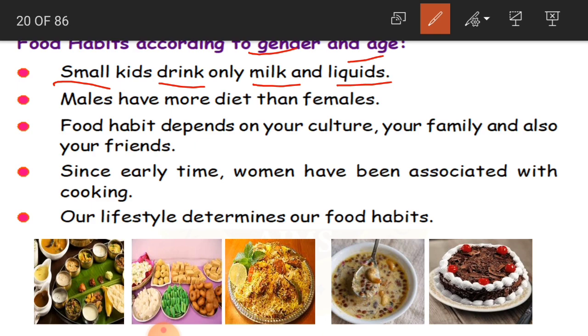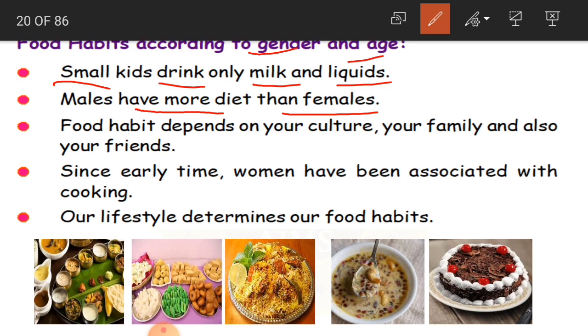And males have a bigger diet than females. Males, that is men and boys, eat more than the girls and the women, because their appetite is more, their hunger is more.